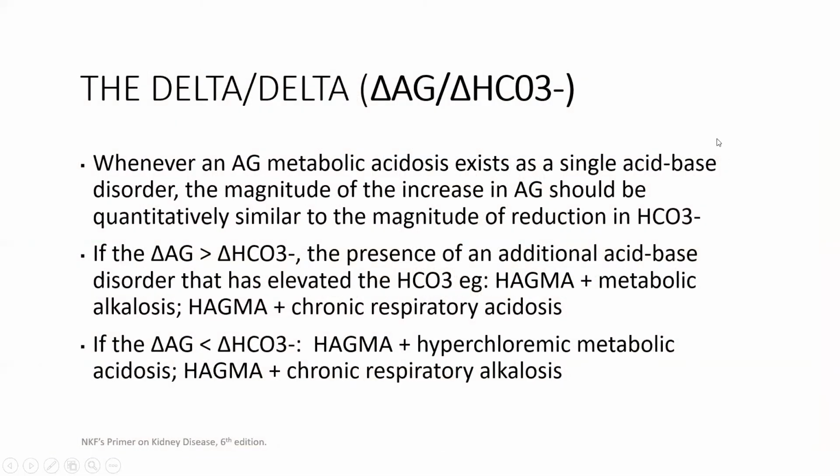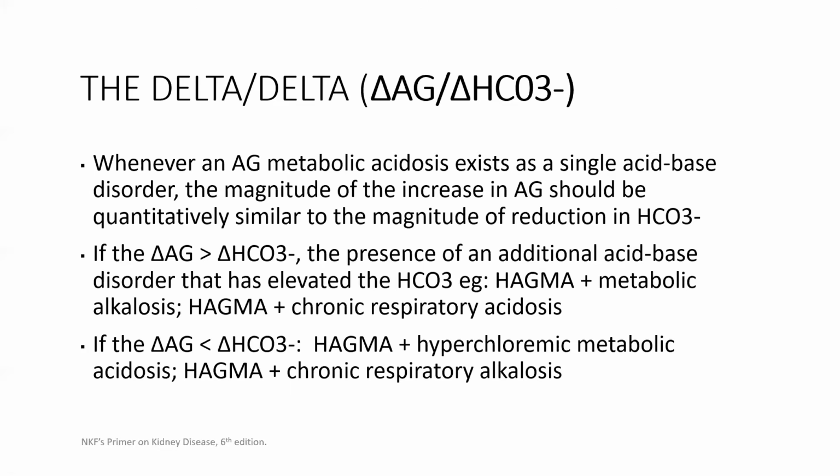So delta gap, this one probably is a bit more difficult. So just keep it at the back of your mind, because whenever there's an anion gap metabolic acidosis, either it is a single acid base or there is a mixed acid base disorder. So if your delta anion gap is actually more than your bicarb, there is a presence of an additional acid base disorder, such as your HAGMA plus metabolic alkalosis or HAGMA plus chronic respiratory acidosis.